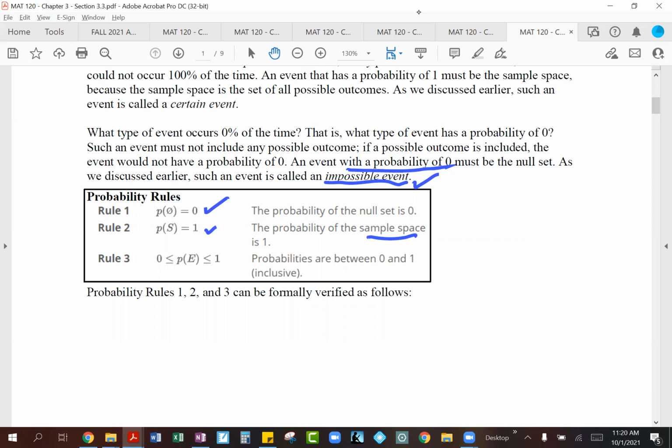For anything in between, depending on the event you are looking at, your probability has to stay between 0 and 1. You cannot have a probability less than 0, which means you cannot have a negative number, and you cannot have a number larger than 1.